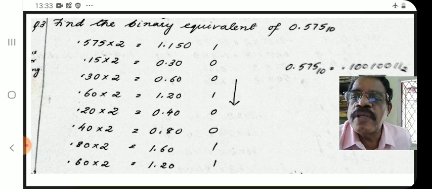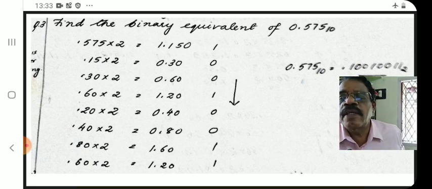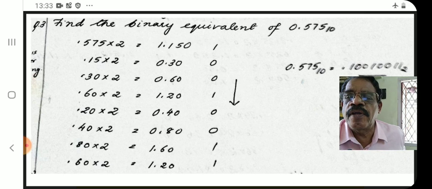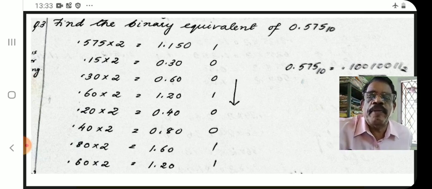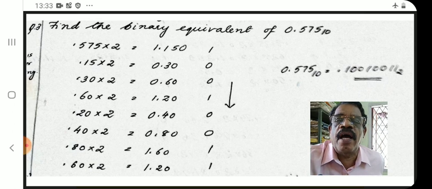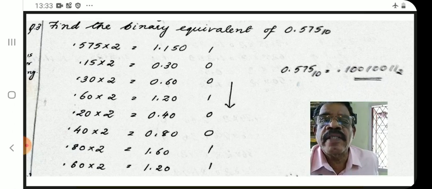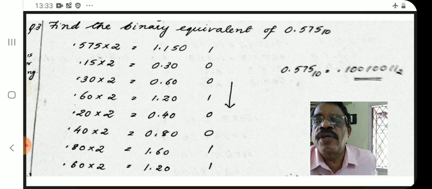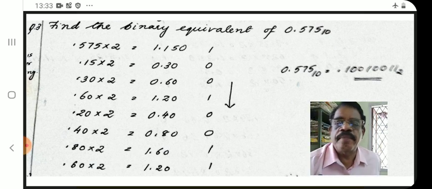The steps in the previous problem will continue. When we get to 0.6, it is not going to end. So we continue a few steps and stop multiplication and write the answer. 0.575 to the base 10 is equal to 0.100, when we note the integer parts downwards.